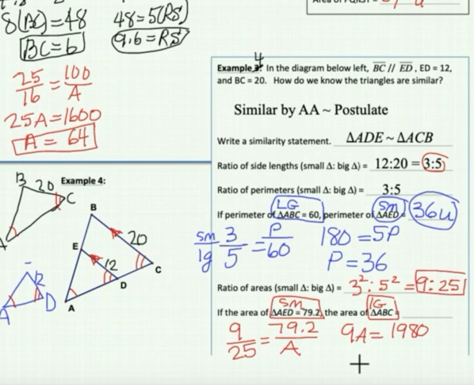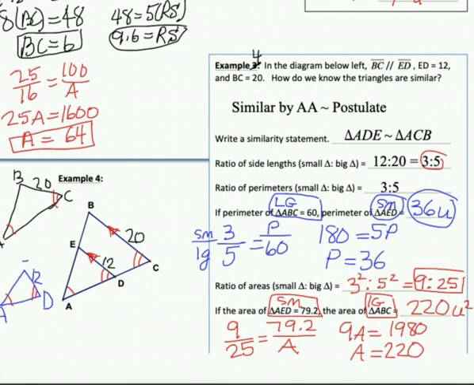So divide this by 9, I get A. Divide 1,980 by 9, and I get 220. So the area of the larger figure, ABC, is going to be 220 square units. And now you are done with example 4.